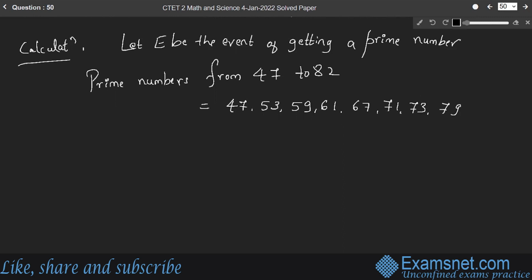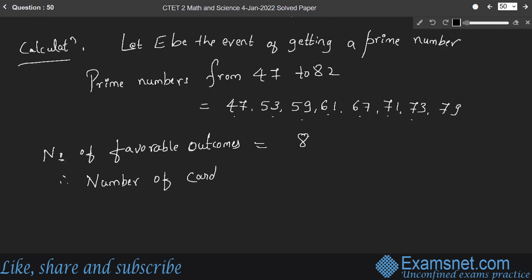So number of favorable outcomes is equal to, that means prime numbers from 47 to 82: 1, 2, 3, 4, 5, 6, 7 and 8, which is equal to 8. Therefore, number of cards: an is equal to a plus n minus 1 into d.